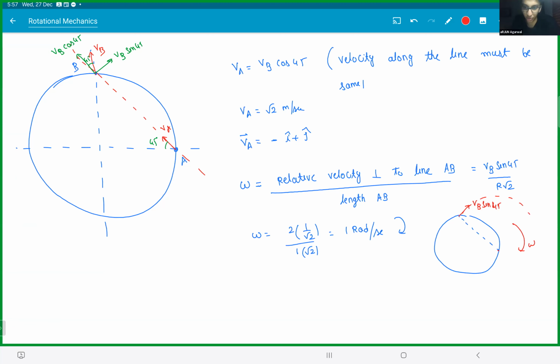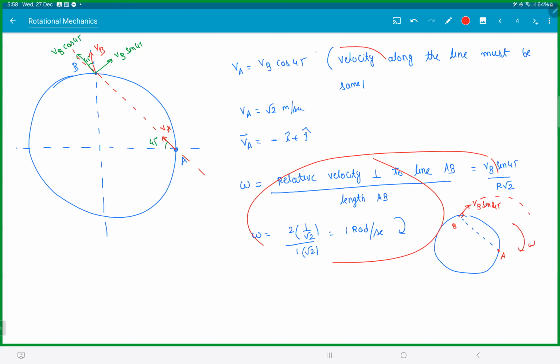Omega vector is into the plane, that is minus k. There we got omega. This comes from circular motion. This comes from rigid body constraint. I didn't teach you anything new. These were repetitive. How to find velocity of the center? Fine, I'll give you a minute.